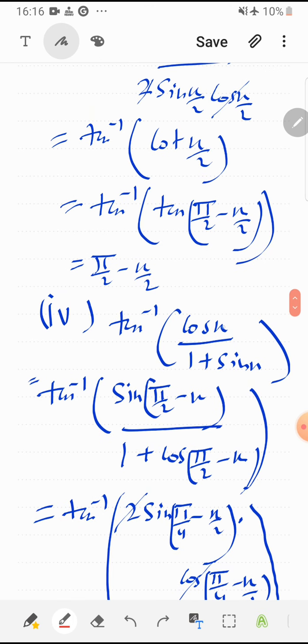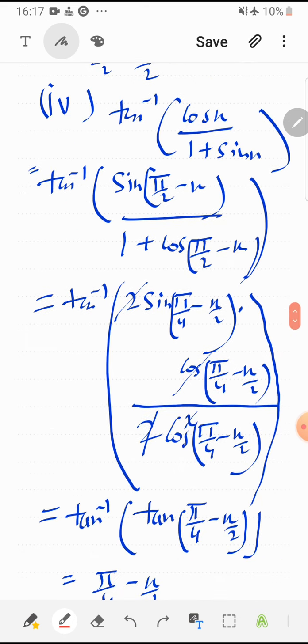Now when I have 1 plus cos something, that is a very easy situation. But here I have cos alone and 1 is added with sine. So what I am going to do is convert cos into sine and sine into cos, so that we get the similar situation, where sine is alone and there is a 1 plus cos something situation.